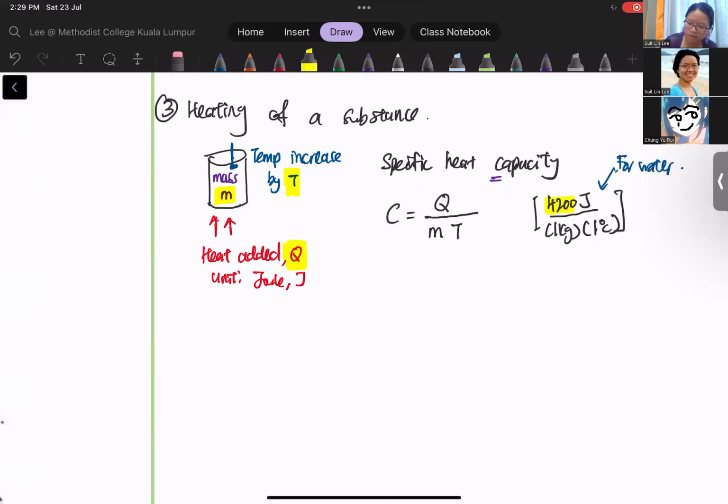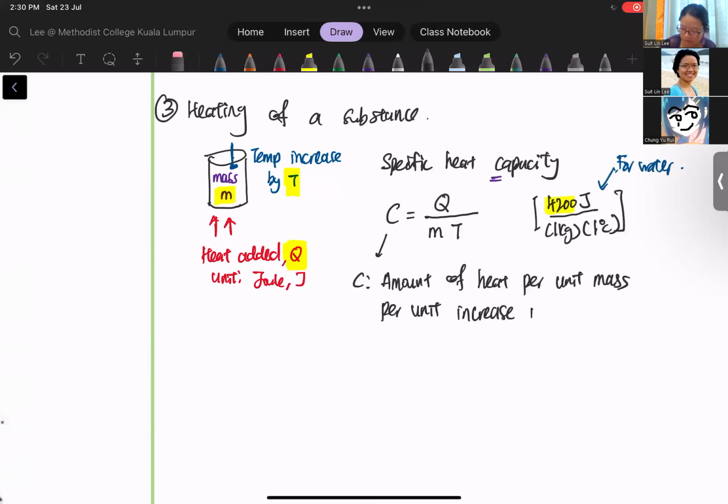Or if let's say you don't like this, maybe I'm going to define the C first. So this C is defined as the amount of thermal energy or amount of heat required per unit mass, divided by M, per unit increase in temperature.